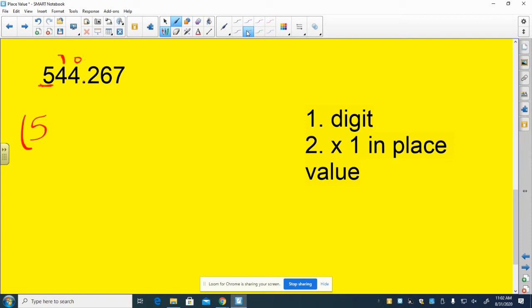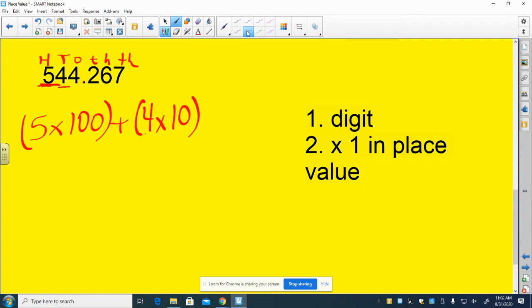So ones, tens, hundreds. After the decimal, people aren't living in houses. They're now living in tenths, hundredths, thousandths. Okay, 5 on 100th Street, 5 times a 1 in that place value would be 100. So 5 times 100.